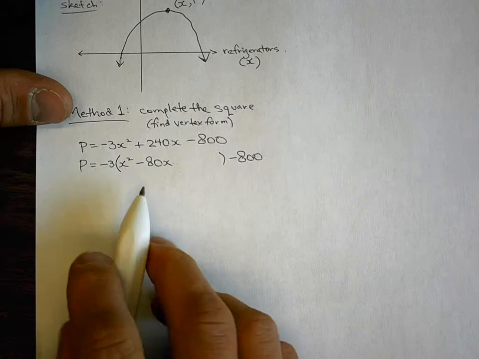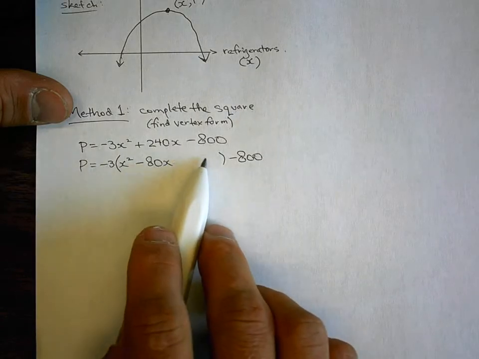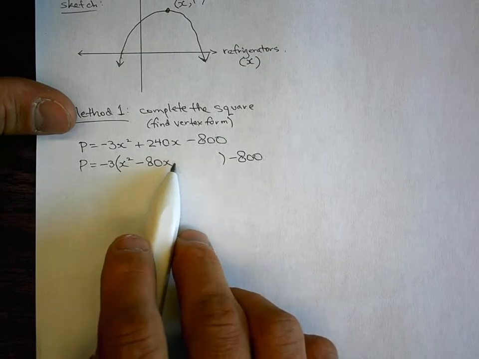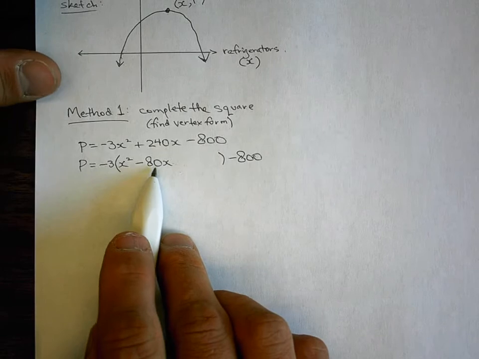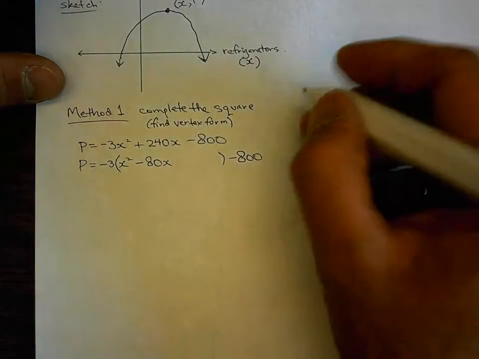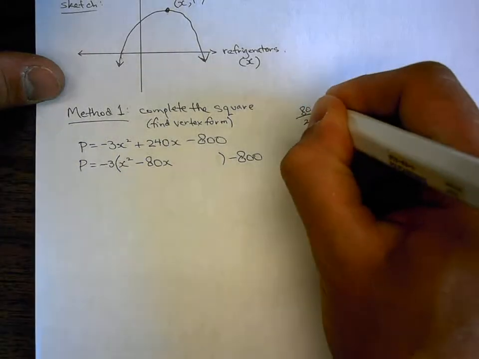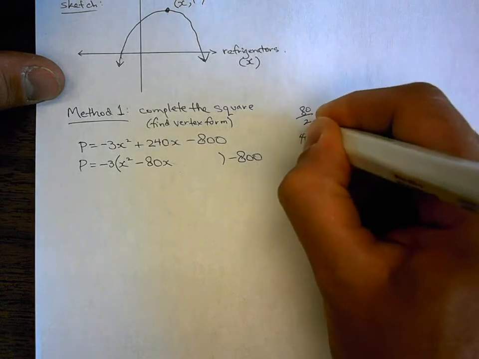Now I have to figure out what I can add and subtract here to make the square. The way to figure out the number you add and subtract is you take your b value, 80 here, divide by 2, and then square it. So if I go off to the side, 80 divided by 2 is 40. 40 squared is 1600.